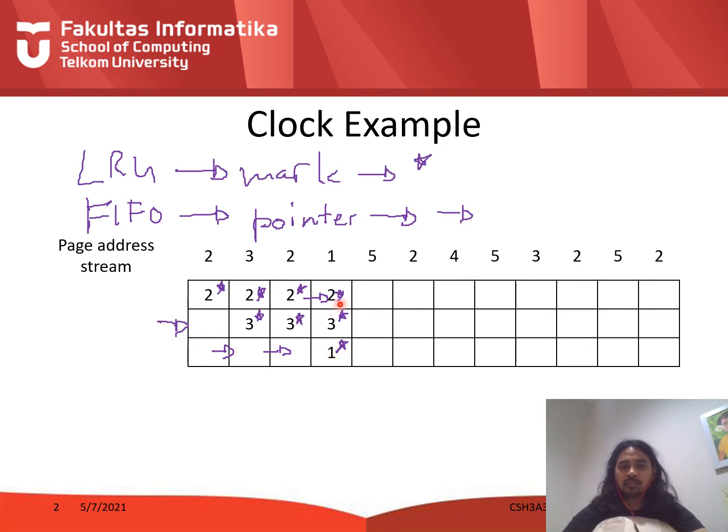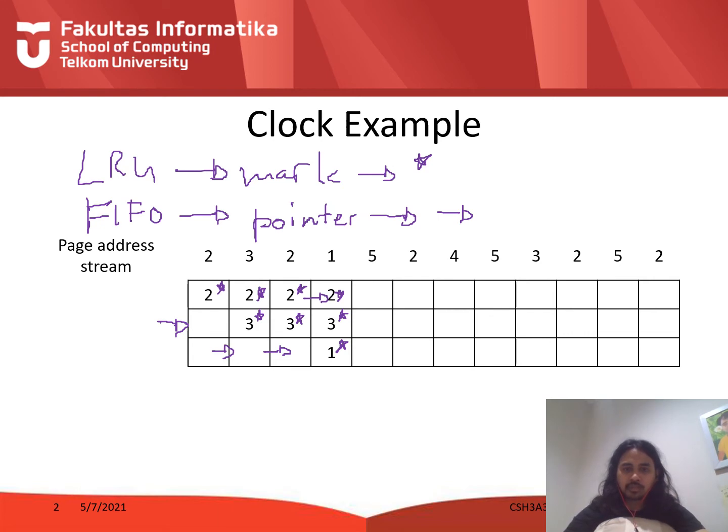And every time it checks a page that has a star, it removes the star. So if it has made a full circle, all of the stars are gone, so it can replace 2 because the star of 2 has been removed, so it replaces 2.